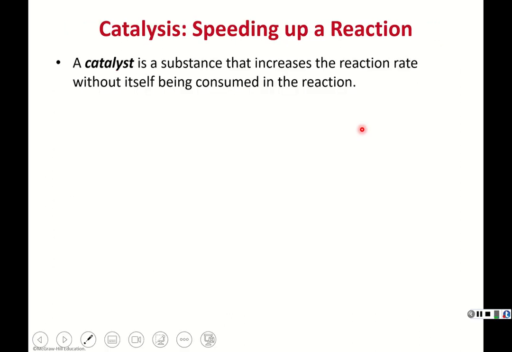Right, so how do we speed up reactions? And that's what the term catalysis means. It's something that speeds up a reaction. And catalysts are not part of the reaction. They're not being consumed by the reaction, so they're not being created or destroyed by the reaction, but they're working to speed up the reaction.